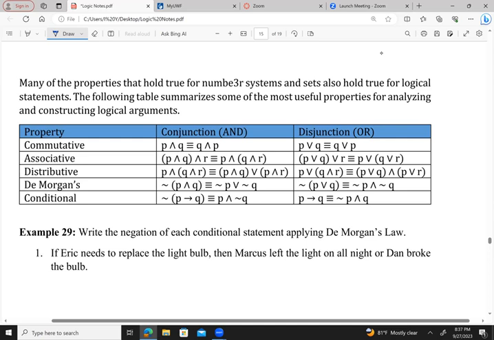So we have an example of the commutative property where P and Q is equivalent to Q and P. Also, P or Q is equivalent to Q or P. We have where we can look at either one first. We can look at P and Q first, and then and R, or we can look at P and Q and R.